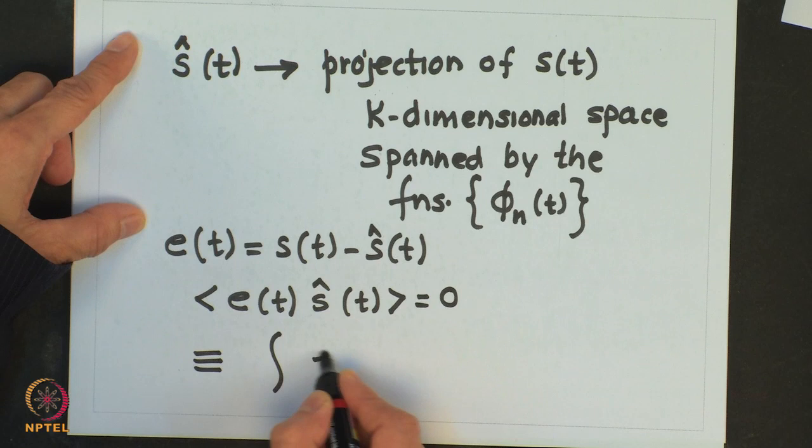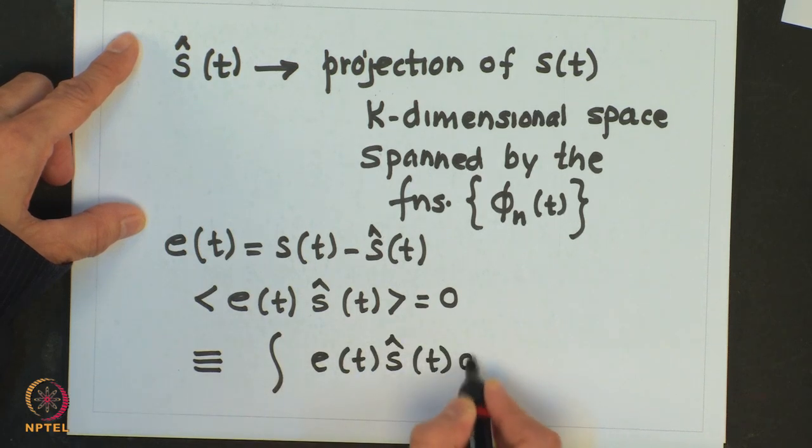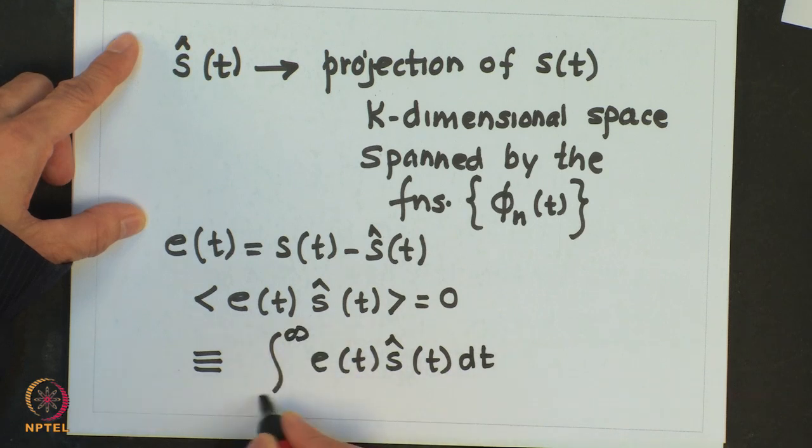This is equivalent to writing that the integral of e(t) s hat(t) dt is equal to 0.